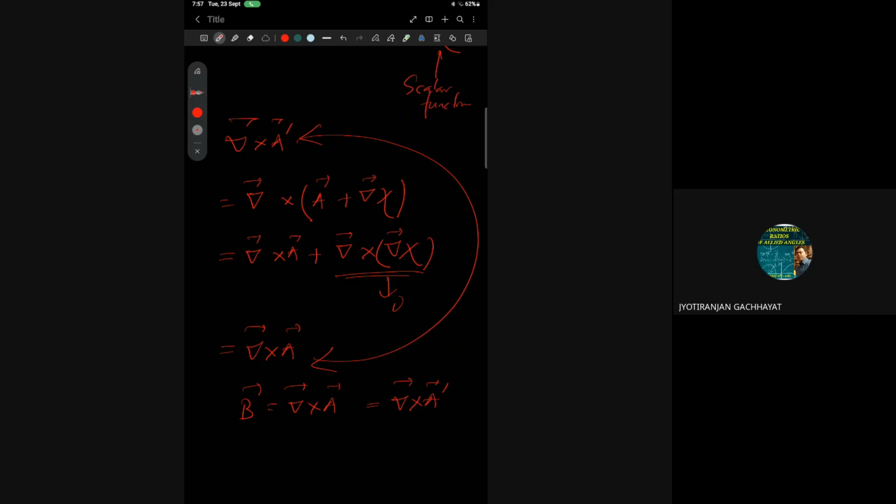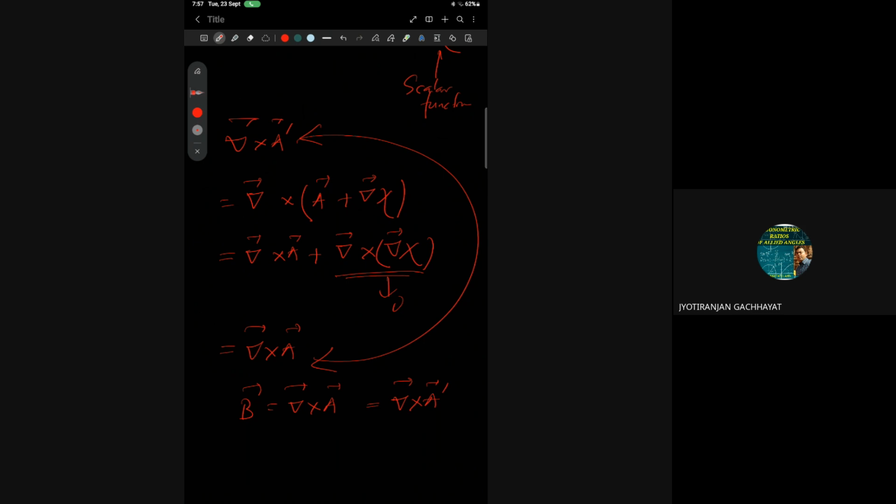So A prime, obtained by adding the gradient of an arbitrary scalar field to the vector potential for the magnetic field, is also a vector potential. This shows a change in A can cause a change in the electric field.